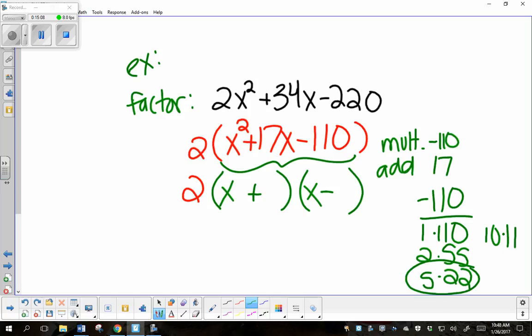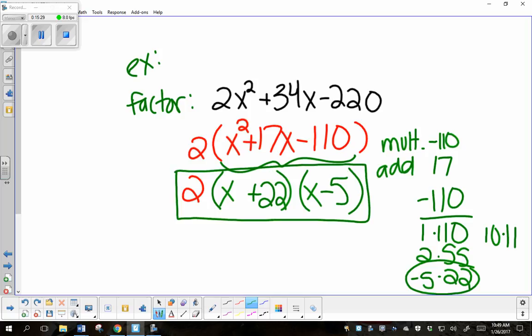Because if I do 22 minus 5, or 22 plus negative 5, that'll get me 17, and negative 5 times 22 is negative 110. So in our parentheses here, we're going to have x plus 22 and x minus 5. And that should be our factored form. This one I won't go through and check, but remember that you always could to make sure you got it correct.